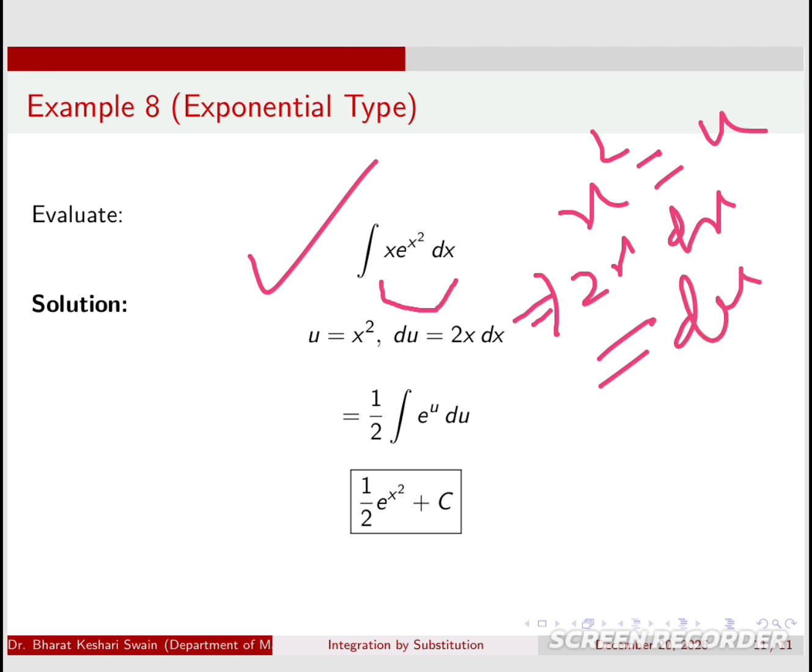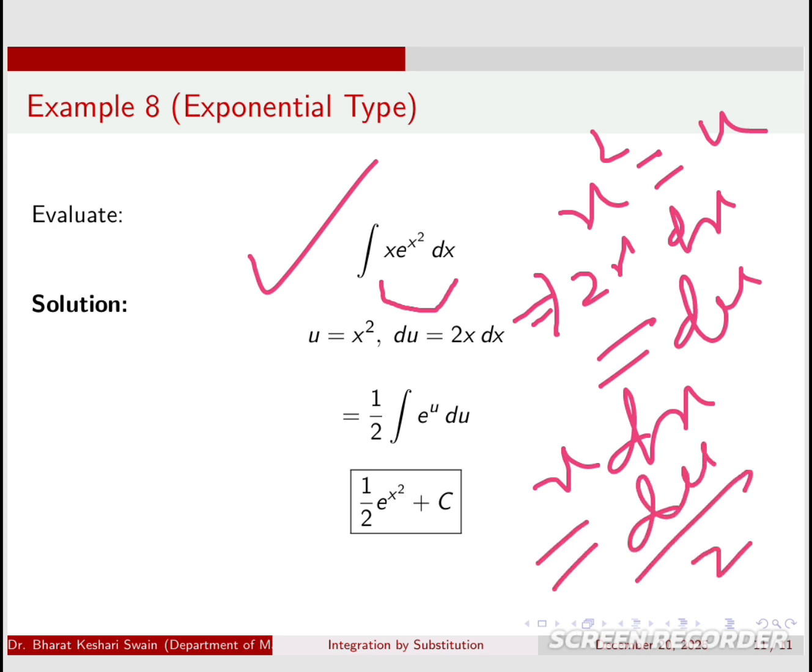So for the value of x dx, we can put du by 2. If I put u equal to x square, then du equals 2x dx, and your integral will be e to the power u, because x square equals u, and in place of x dx it will be du by 2.